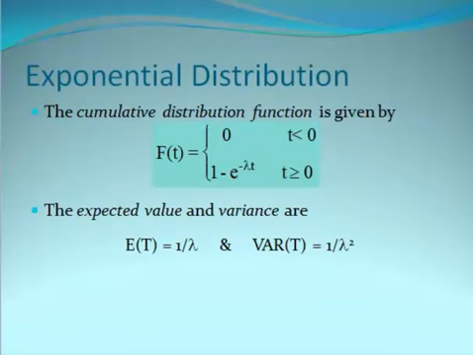For the exponential distribution, our cumulative distribution function is just the integration, and so it's 1 minus e to the minus lambda t, for t greater than or equal to 0. That 1 comes from the integration starting from 0. The expected value and the variance are given by these formulas.